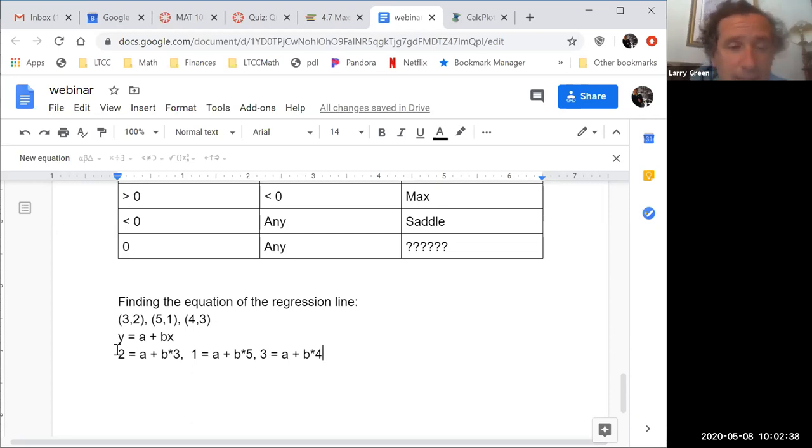Okay, and that's just how you plug in. So the idea here is that's y equals mx plus b, right?